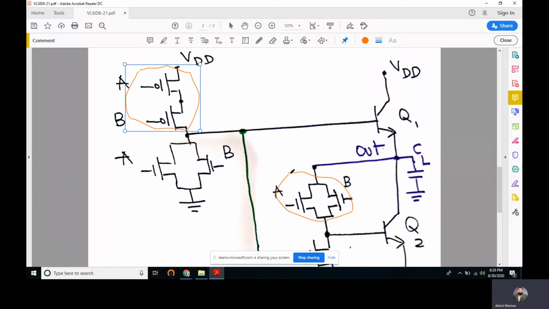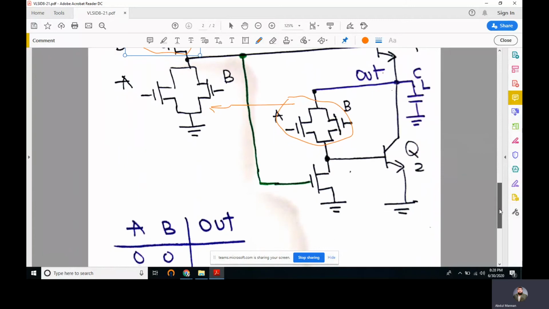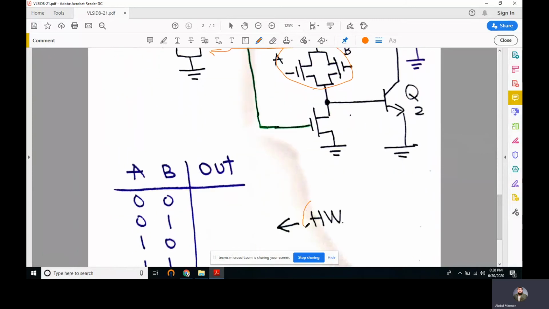The NMOS array is repeated here with the same inputs, and this is the controlling transistor like we always have, which is connected to the output of the PMOS array. The output of the PMOS array is connected to the base of Q1, and the drain of this controlling transistor is connected to the base of the second NPN transistor Q2, and the output from the NMOS array is connected to the output.